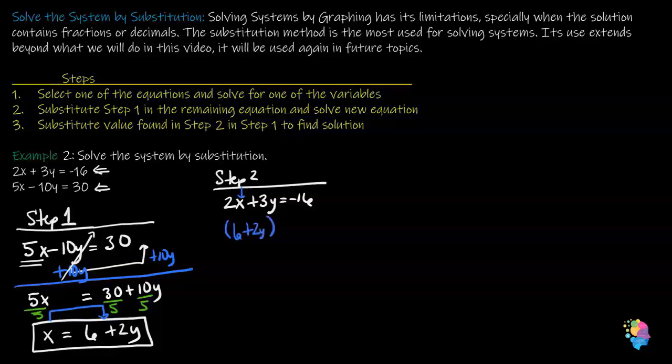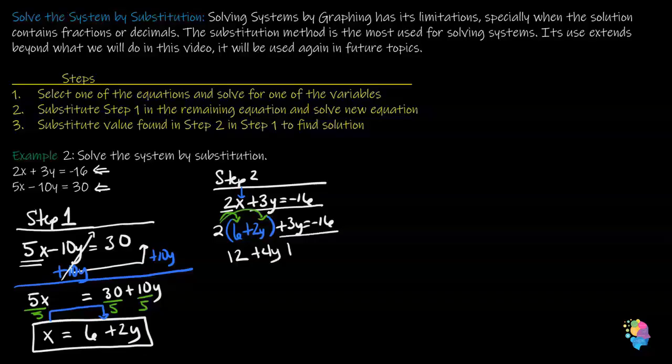We bring down the rest. So I bring, before that we have the 2, and after I have this plus 3y is equal to negative 16. To solve equations, remember parentheses is king. So 2 times 6 will give us 12. And then 2 times 2y will give us 4y.